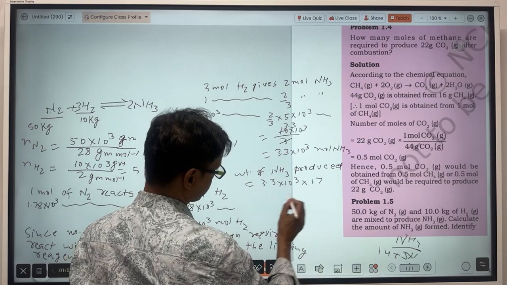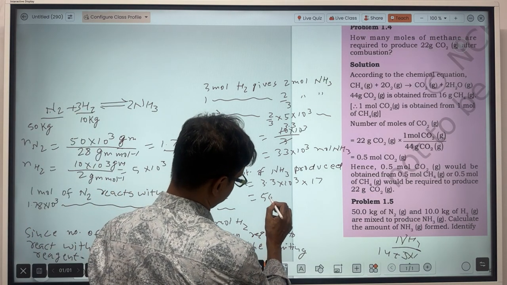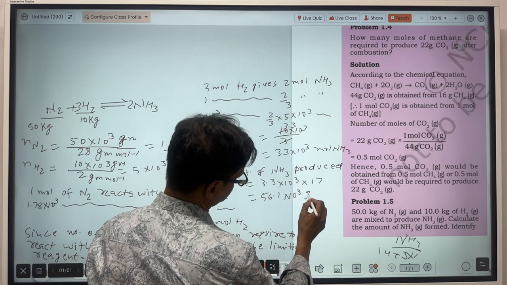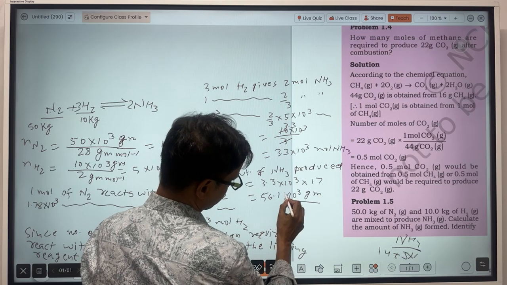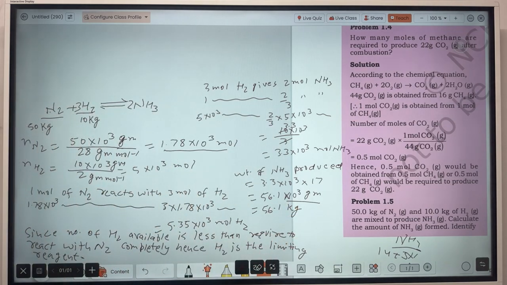So multiply 17 by 3.3. Calculate. That is 56.1 into 10 power 3 gram. When you convert into kg, that will be 56.1 kg. So the ammonia produced will be 56.1 kg.